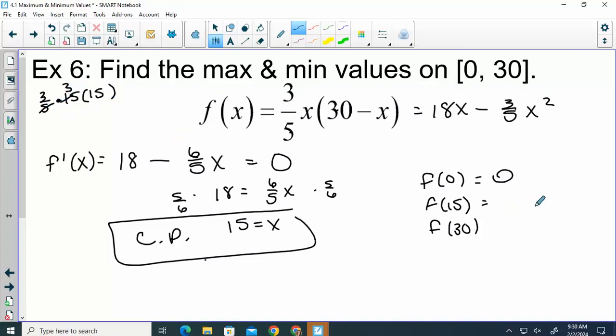So 9 times 15 equal to 135. What happens when you put in 30? Because you get 3/5 times 30 times 0. So what does that mean? Technically, as long as they're the same, you could have more than one. So we could say both of these count as the absolute min because they're both the lowest. And then this is our absolute max.